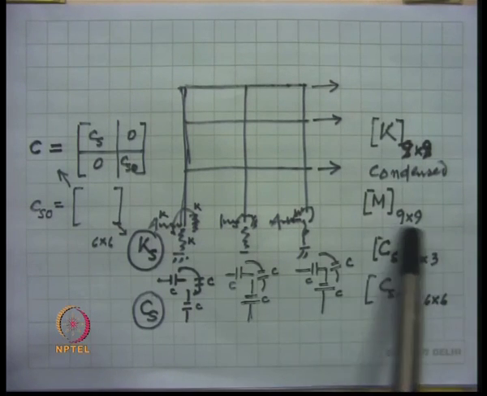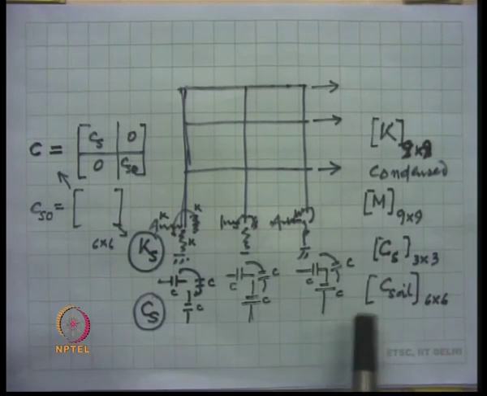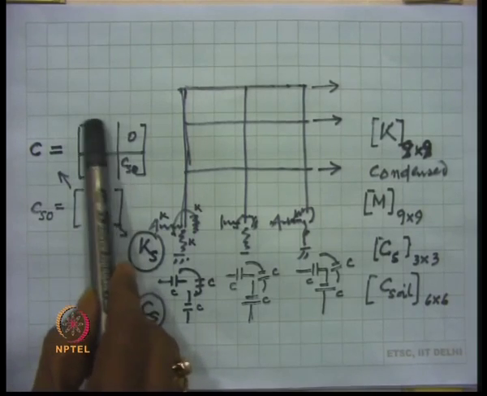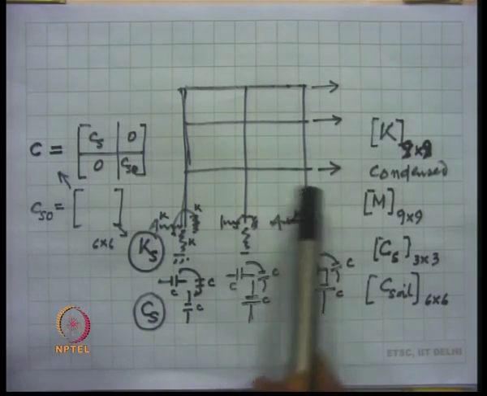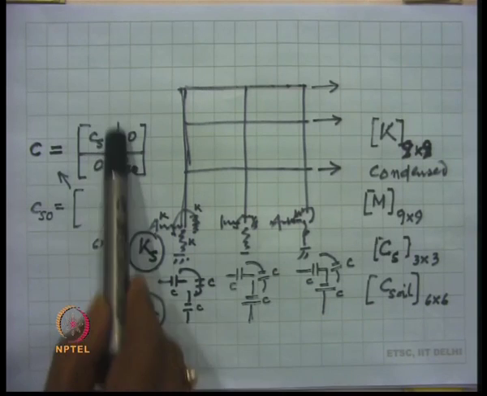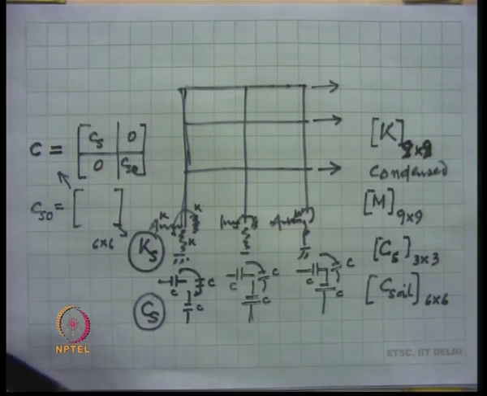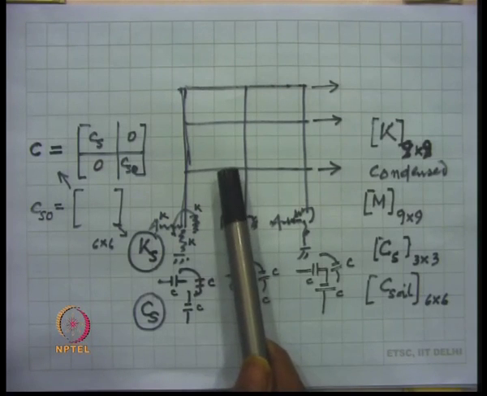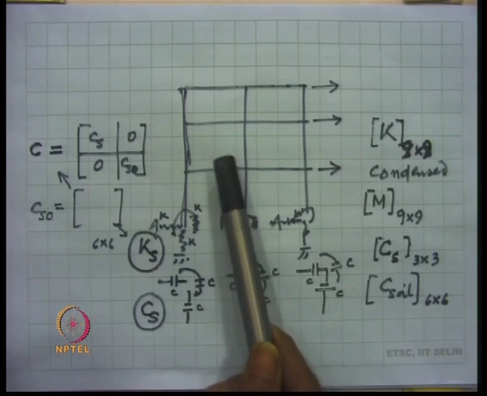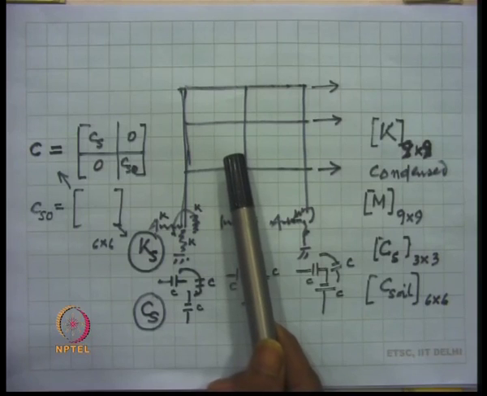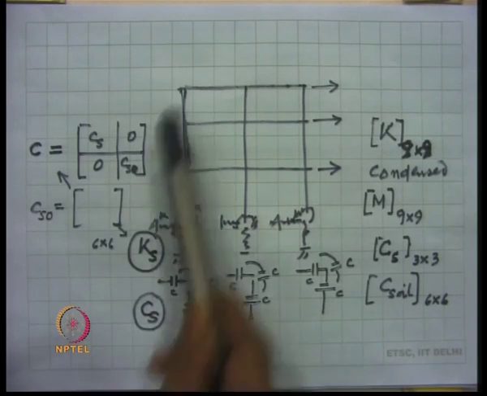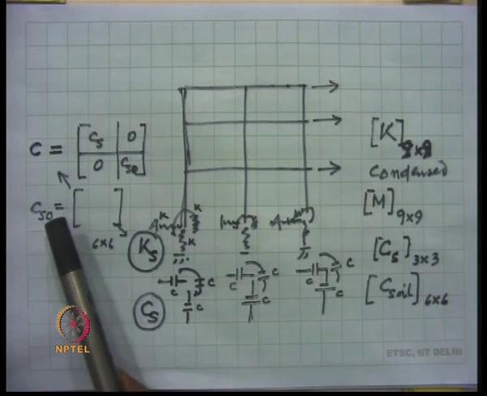Then the damping matrix for the entire system consists of 2 parts. One is the structure's damping matrix, which will be 3 by 3 and which can be obtained from the specified damping ratio for this structure. Say, if it is concrete, then it will be 5% damping. For that 5% damping, one can obtain the damping matrix for the superstructure.